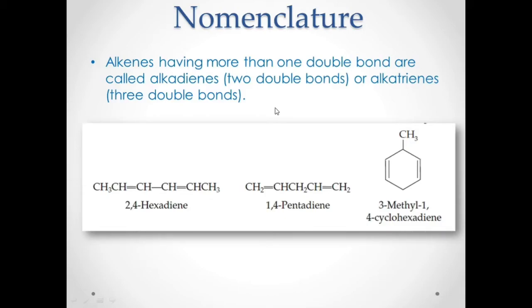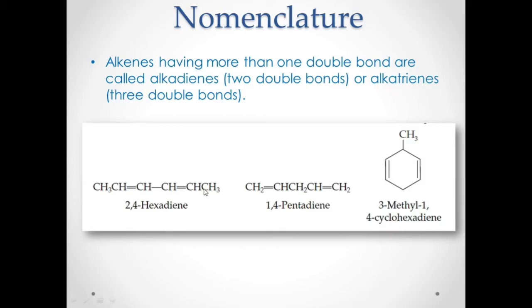So these are compounds that are called alkadienes. For two double bonds, that is dienes, and if it contains three double bonds, then that is trienes.